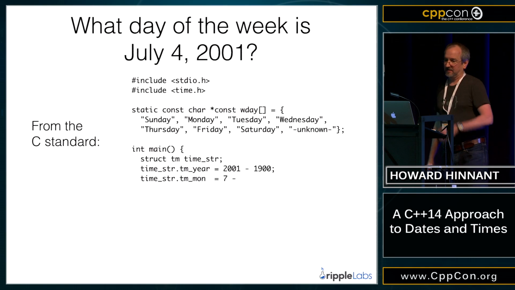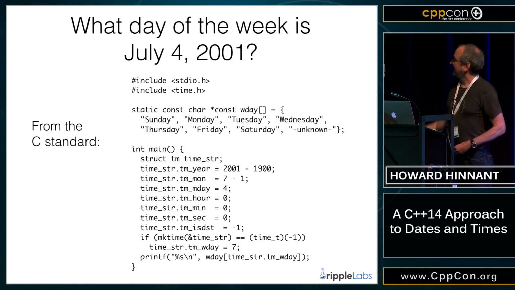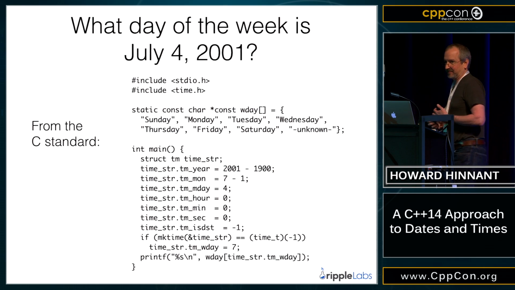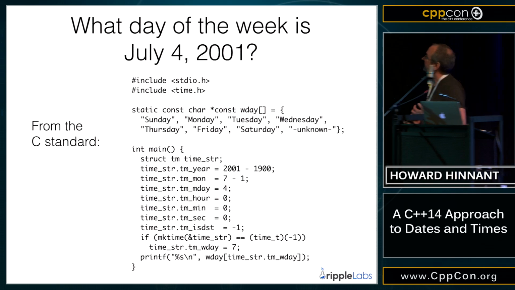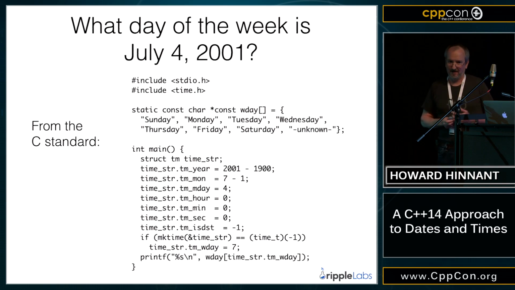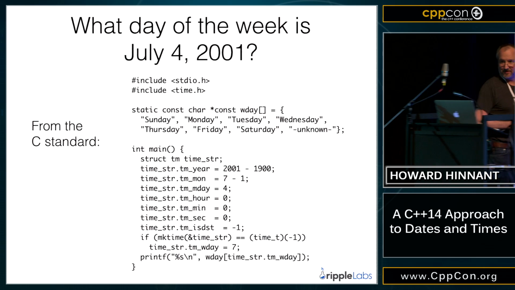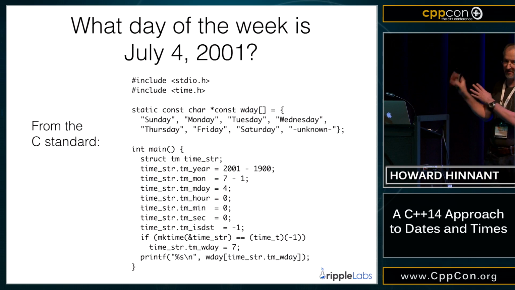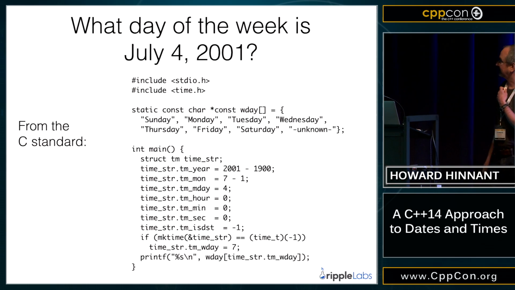Let's see. From the C standard. If you go to the C standard and read about mktime and struct tm and all that, they've got in the C standard this question, what day of the week is July 4th, 2001? And just because I was in a good mood, I thought it'd be fun to compare how they present to do it in C with how you can do it in this library. So let's take a look.